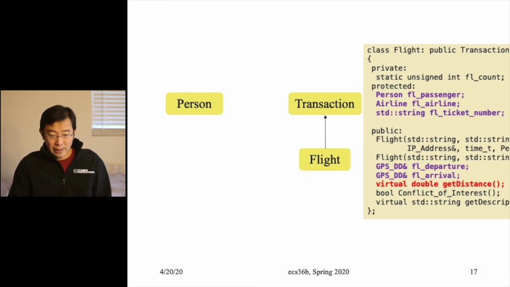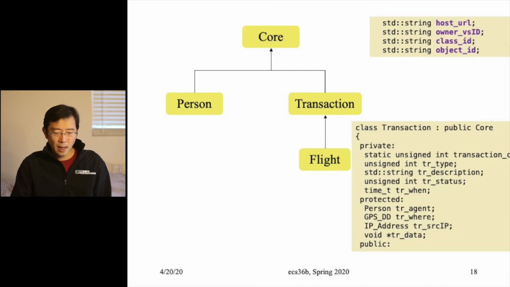Okay, so now I have these three classes, and so far so good; this is extended slightly from your homework assignment number 2. Now I'm going to bring in the core object. I create another class called core object.